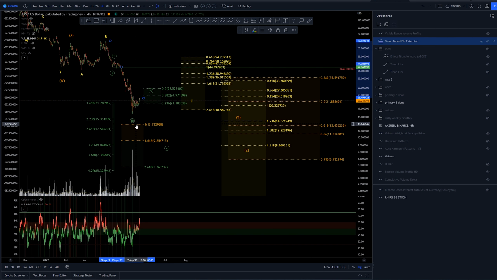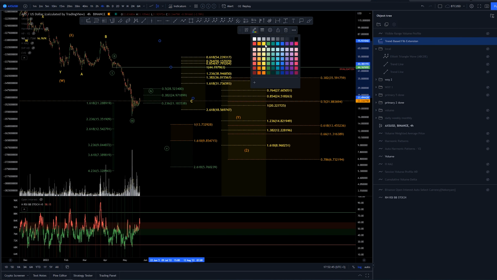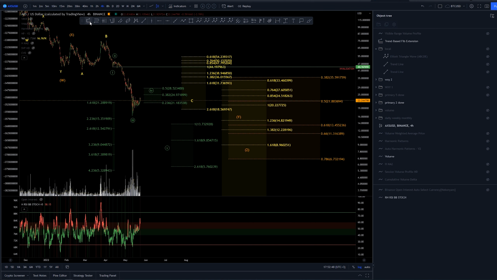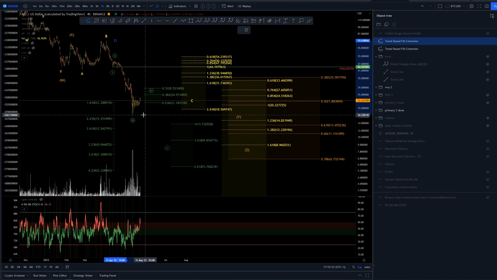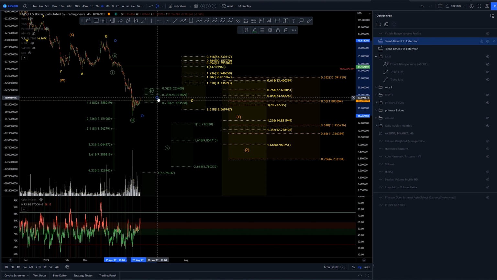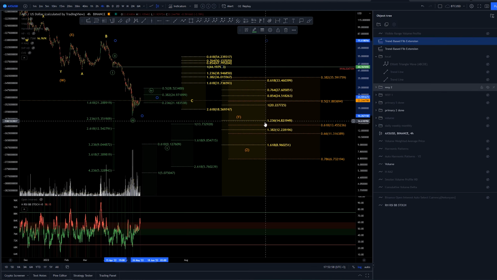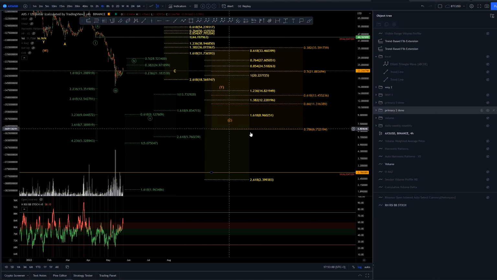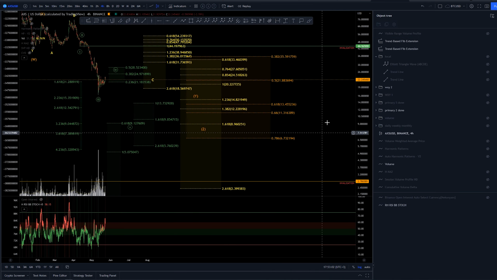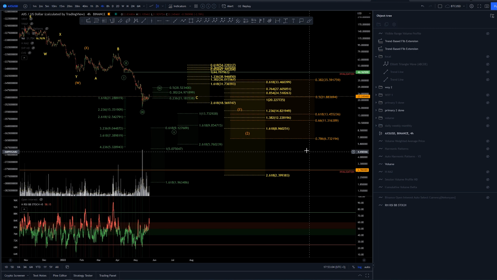If wave 3 extended, then we have these targets, and then we have from start to 3 to end of 4, and wave 3 not extended. So these are the basic areas that we're looking out for.